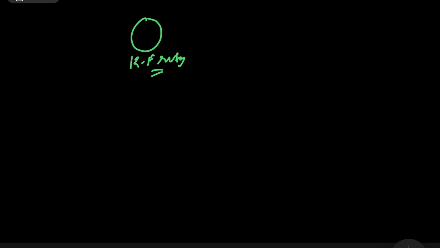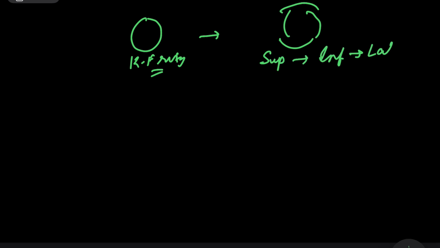This does not develop in a jolt, immediately like that. Basically, different parts of the KF ring develop differently. First there is superior, then inferior, then lateral. This is the way the KF ring develops.